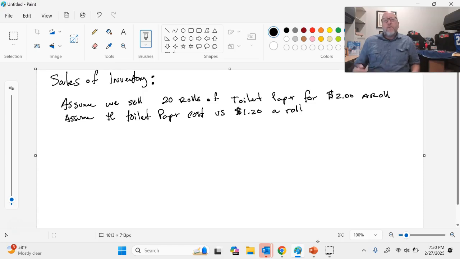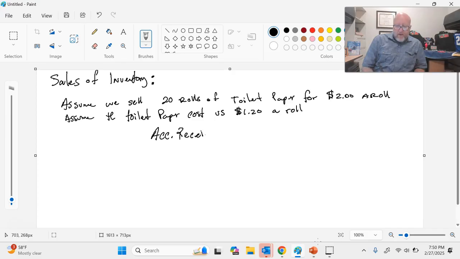The journal entry to record the revenue side of the sale of toilet paper would be a debit to accounts receivable. If I am selling 20 rolls and each roll I'm selling for $2 a roll, then the accounts receivable would be $40.